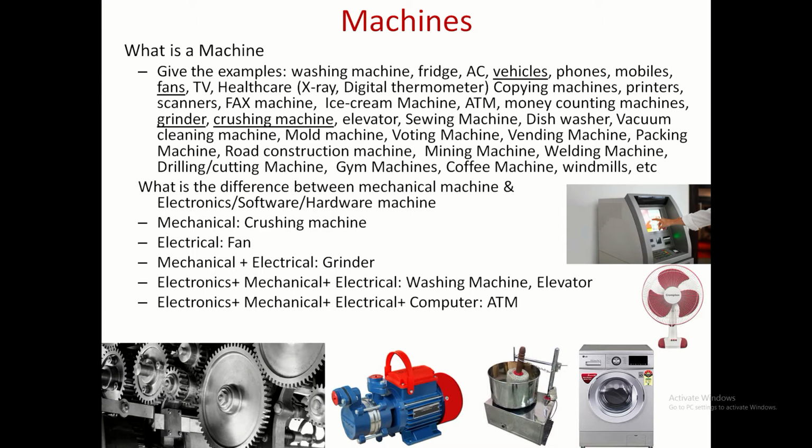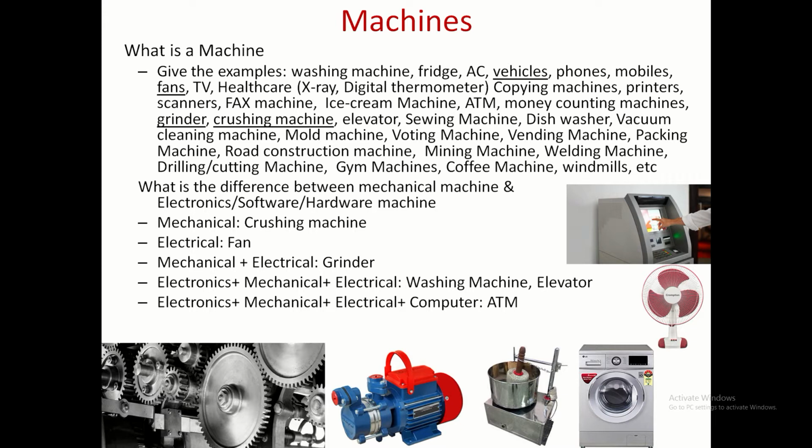In what sense have they evolved? In the initial stage, when there was no electricity, whether it was machines or transport, they were all based on burning coal or converting thermal energy to steam energy, and steam based trains or vehicles or machines and so on. That's how they used to do this automation.